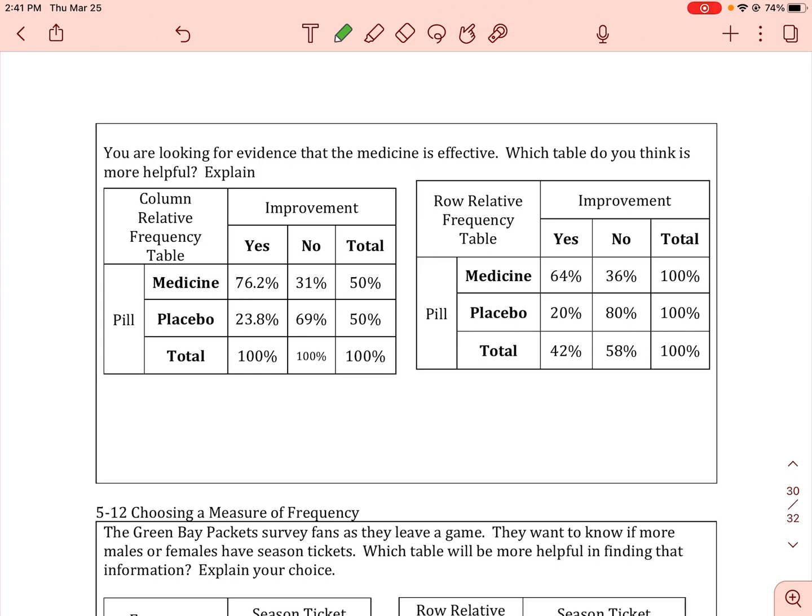You are looking for evidence that the medicine is effective. So we're looking for improvement here. We are going based on improvement. Which table do you think is more helpful?